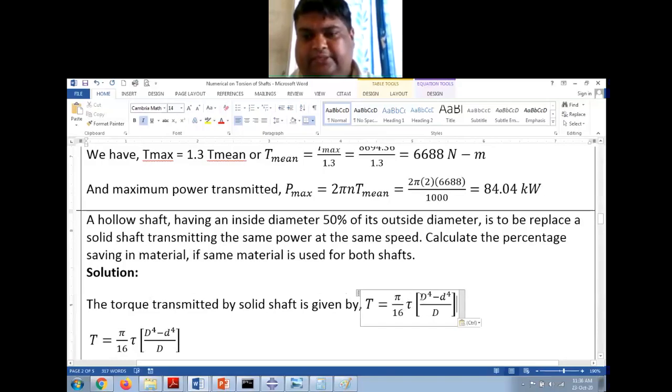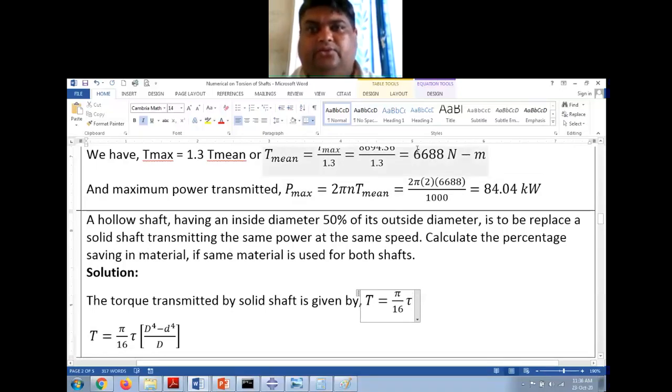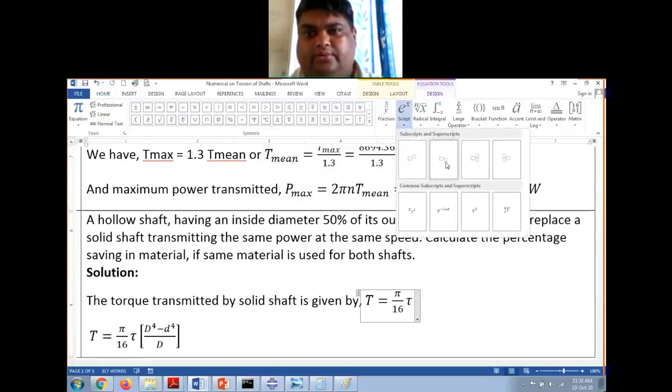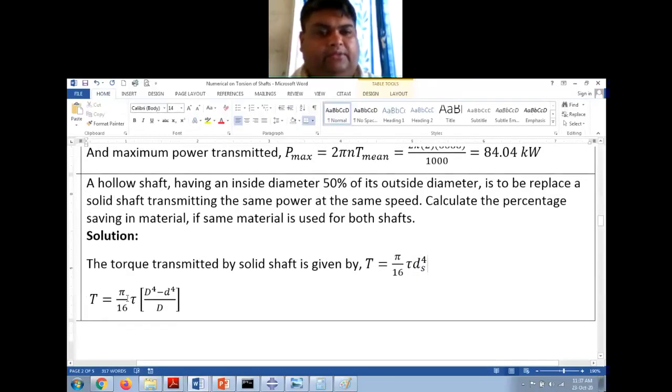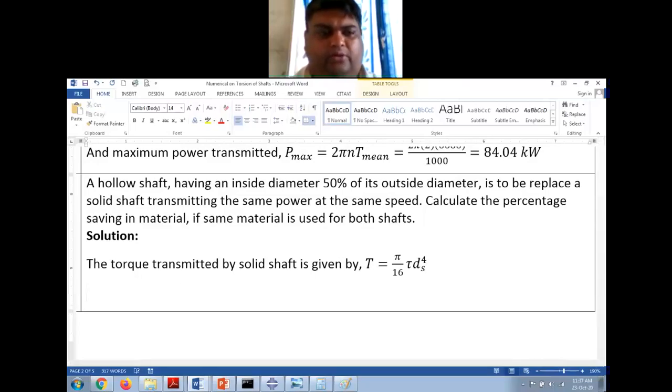So it will be just d raised to 4, right? So into d suffix s raised to 4, right? ds means solid shaft diameter. Now you don't have to put any values in this because I don't have any value.